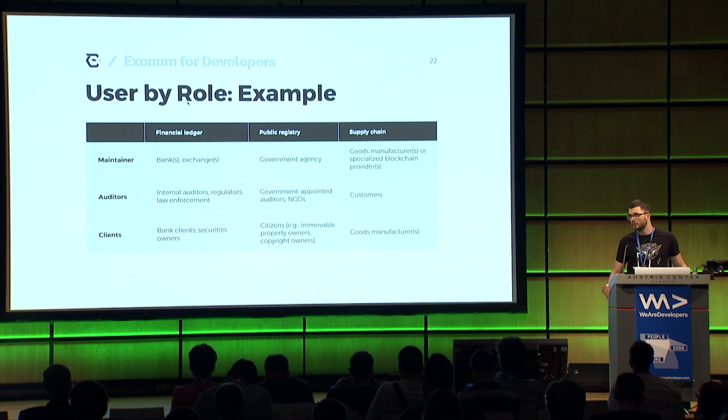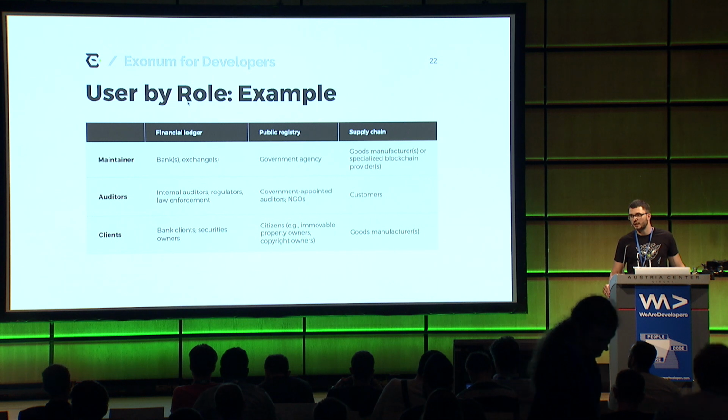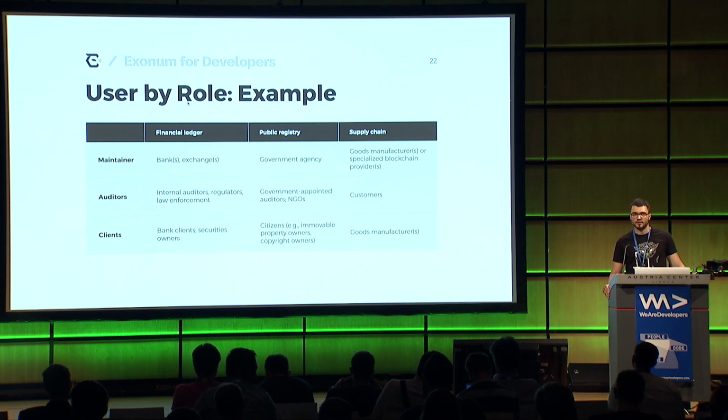Also, let's talk about the field of public registry. As a maintainer, we may take some government organizations, for example, some land titling systems that want to store some critical data on the blockchain.